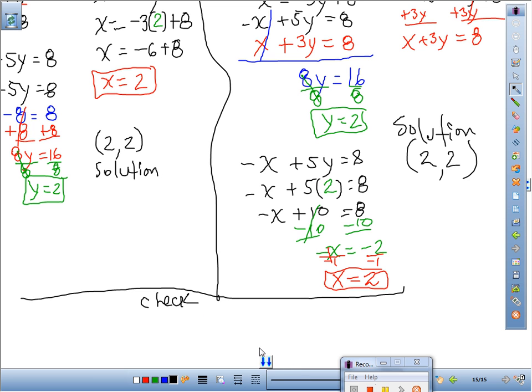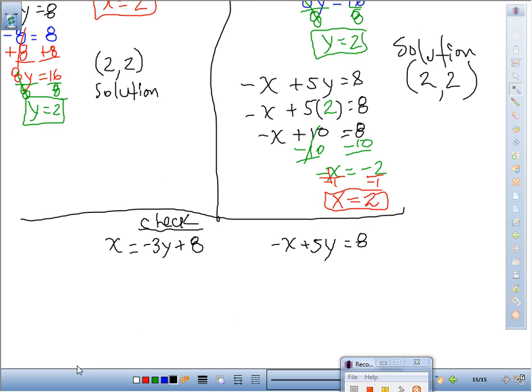Check. Let's write both equations: x equals negative 3y plus 8, and negative x plus 5y equals 8. What is the value of x? 2. What is the value of y? 2.